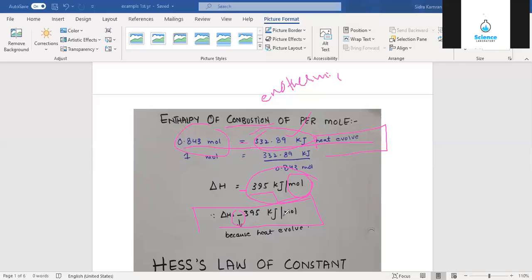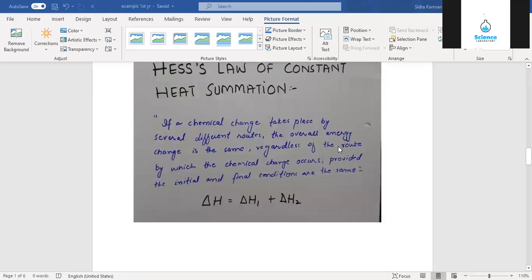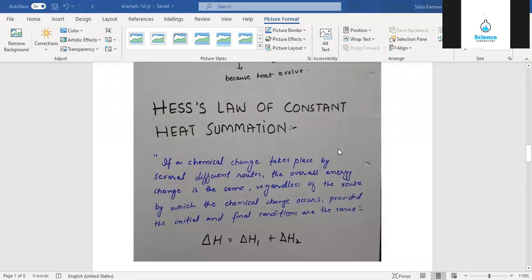Next is Hess's law of constant heat summation. Our next topic is Hess's law of constant heat summation. What is this law? This law was given by Germain Hess. According to this law, if a chemical change takes place by several different routes, the overall energy change is the same.